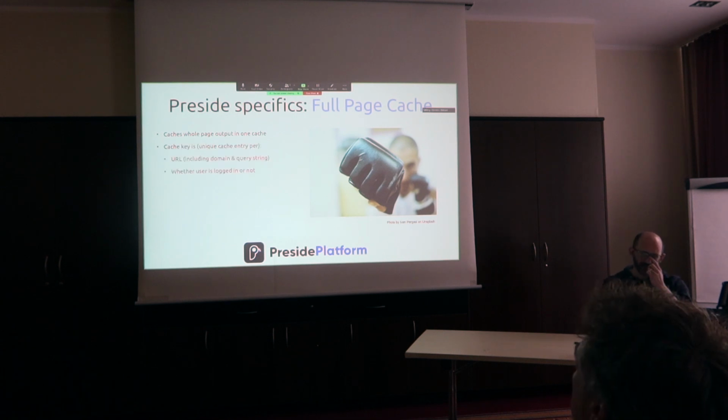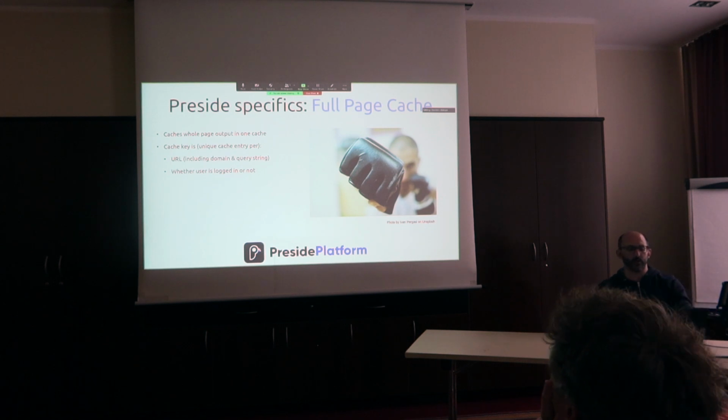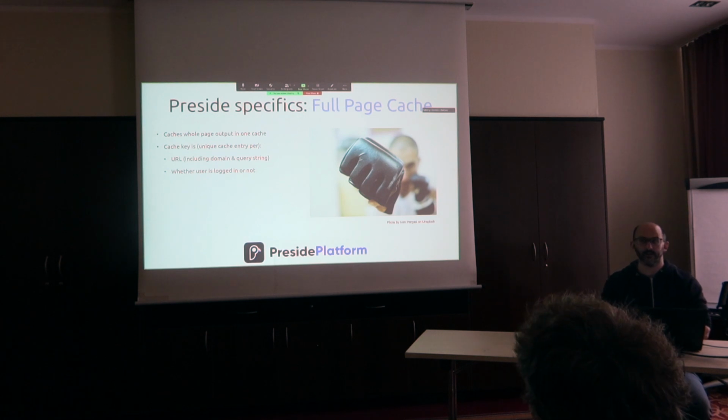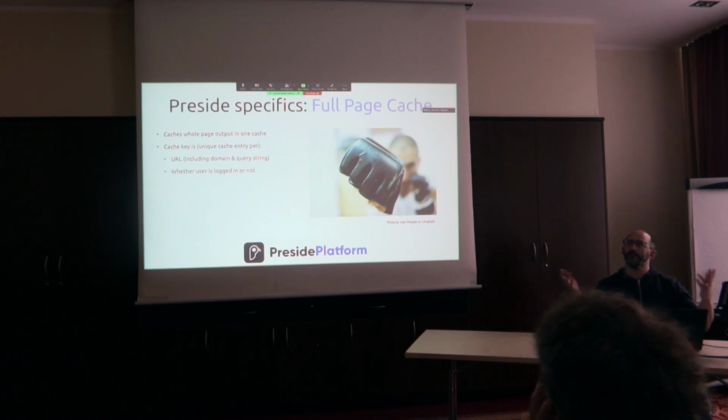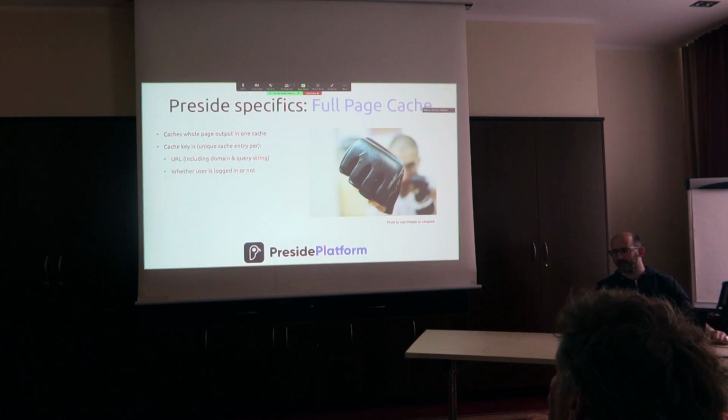The cache key itself is a unique cache entry per the full URL, including the domain and the query string, and whether or not there is a front-end user logged in or not. The motivation for that being that quite often you're going to have a quite different, say, top menu, depending on whether someone's logged in or not.